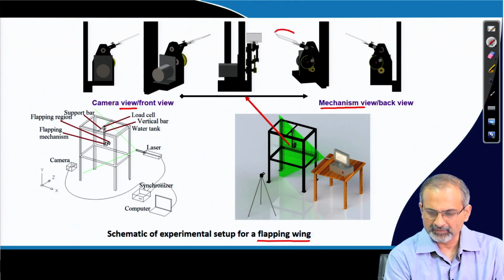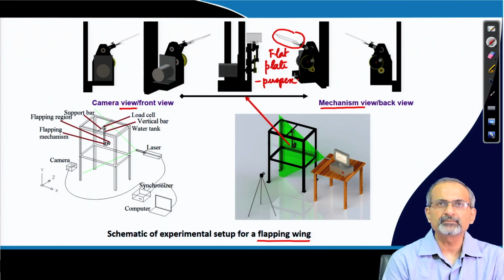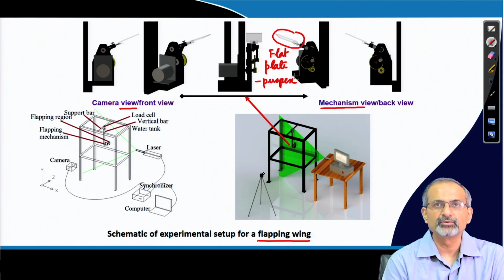There is a flat plate here which is made out of perspex, and it is going to be immersed in water. The water will be laden with tracer particles like glass globules, and then you will have a laser light sheet.